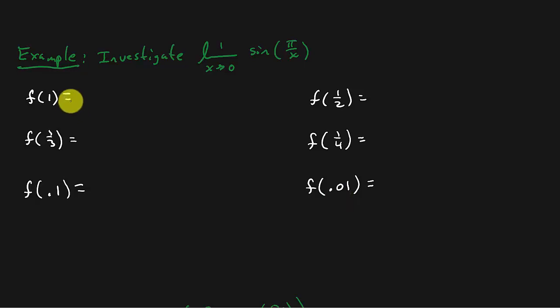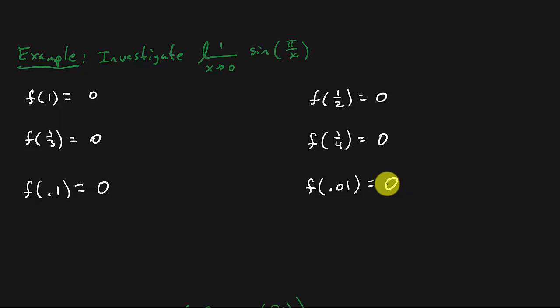If we plug in 1, 1/2, 1/3, 1/4, 0.1, and 0.01 for x, guess what you're going to get for an answer? You're going to get 0 for every one of them.